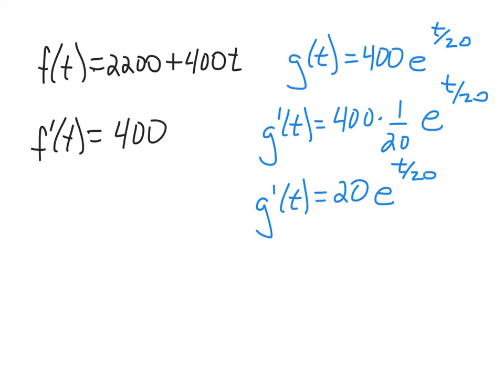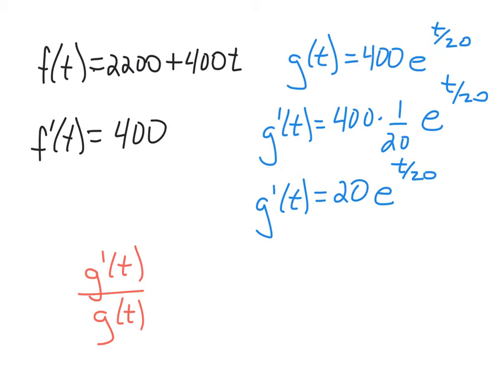So for our problem, the growth rate divided by whatever value we are at currently, okay? And so, again, this is what we found as our growth rate, and we're going to divide it by our population at the current time t.